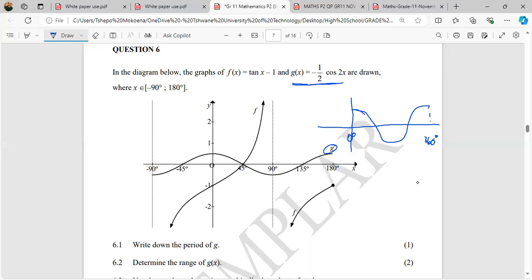This graph can continue, but why am I saying the period is between 0 and 360 degrees? Because we are talking about a complete cycle of this wave. This is one wave, so this is one complete period. If I decide to continue my function on this side of the Cartesian plane, my cosine function will look like this.